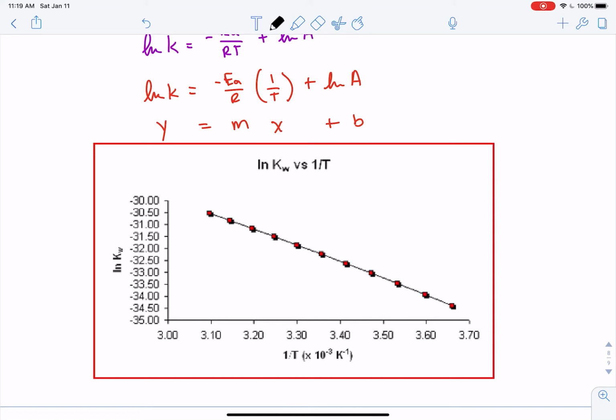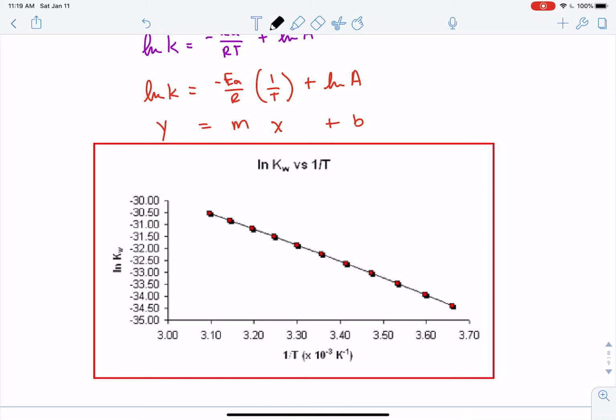Yes, Pancho? Why is it 1 over T? That's the one part I never understood. Does it go into the derivation of the actual formula? Yeah, it's the way you linearize the equation. Natural log of k is inversely proportional to temperature. Because if you think about it, the larger the k, actually no, hold on a second.